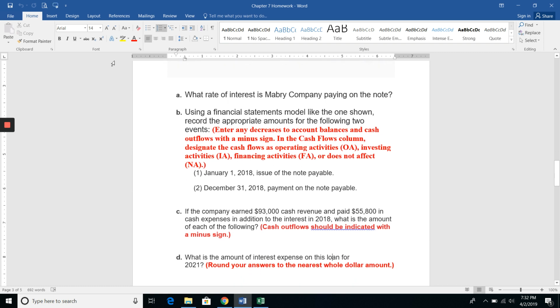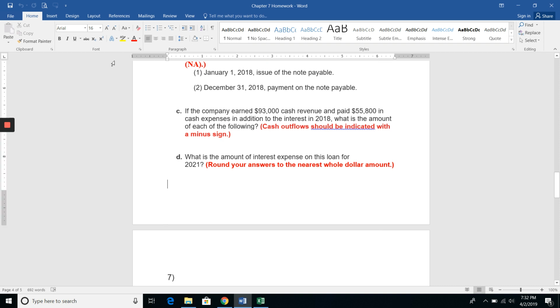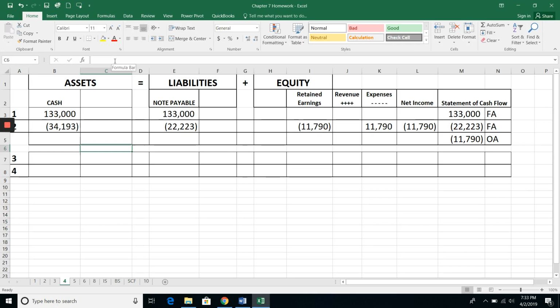If the company earned 93,000 in cash revenue and paid 55,800 in cash expenses in addition to the interest in 2008, what is the amount of each of the following? So we're going to go back and record that as well in our framework. So we have $93,000 in cash sales.